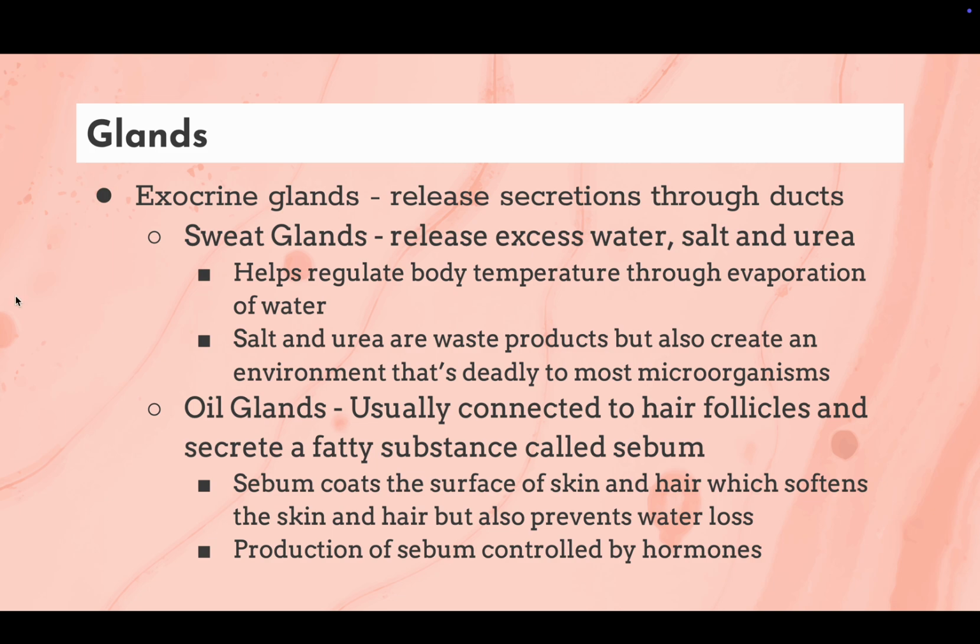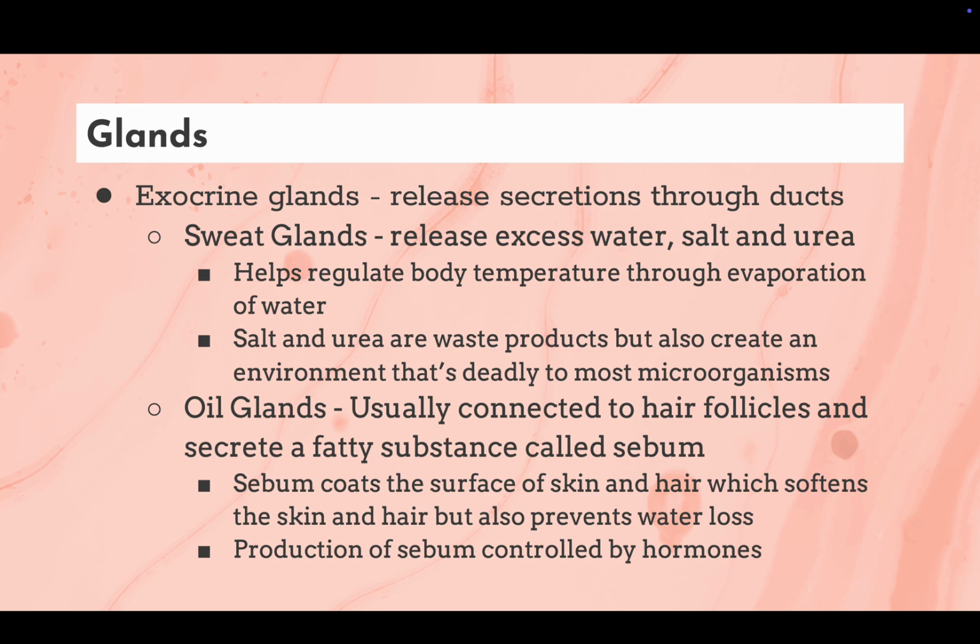Sweat glands, which are called sudoriferous glands, release a mixture of water, salt, and urea. Their main function is to help regulate body temperature. The sweat pours out onto the skin surface through pores, and when that sweat evaporates, it helps remove heat from the body.